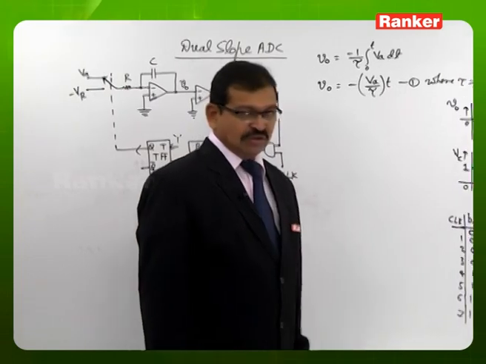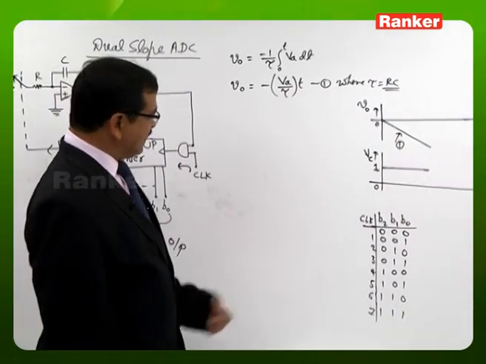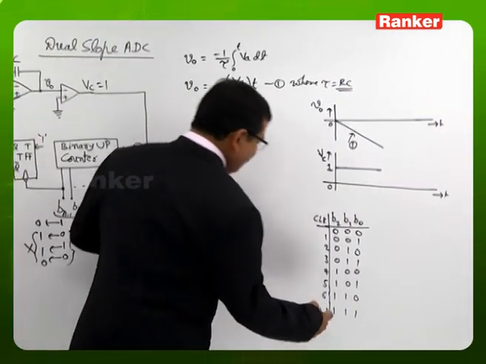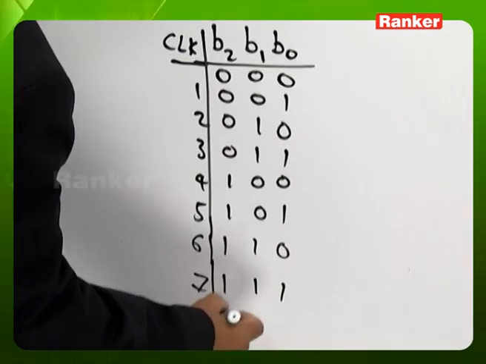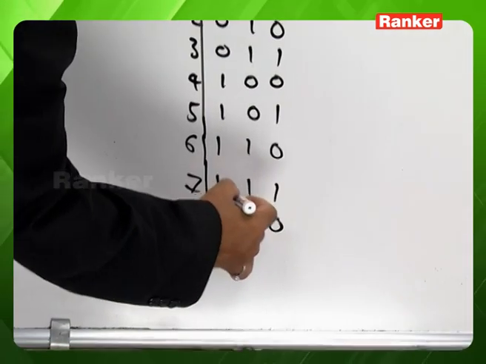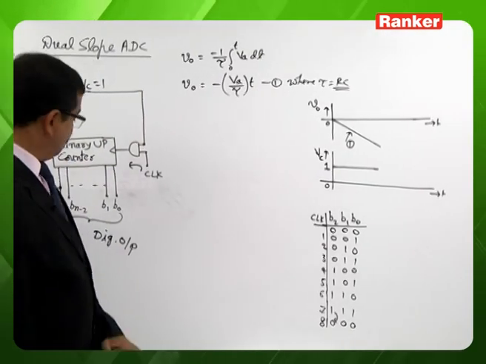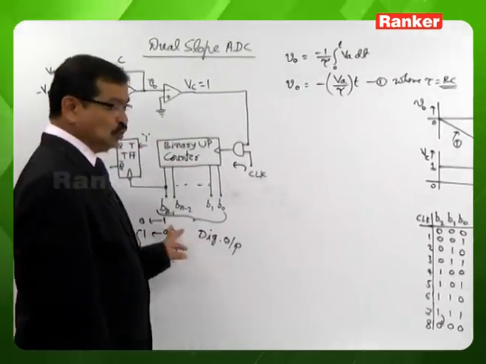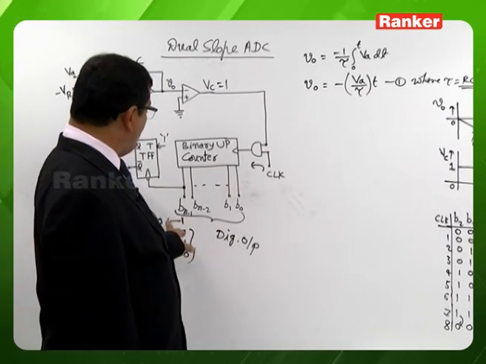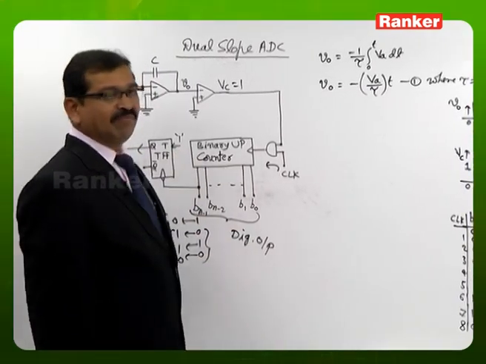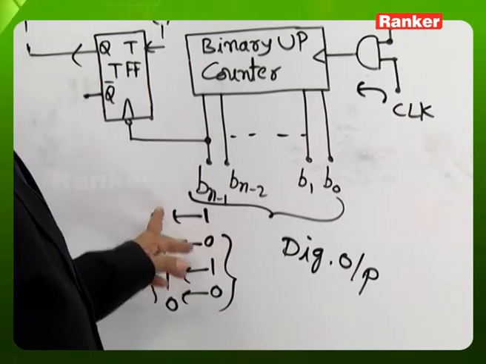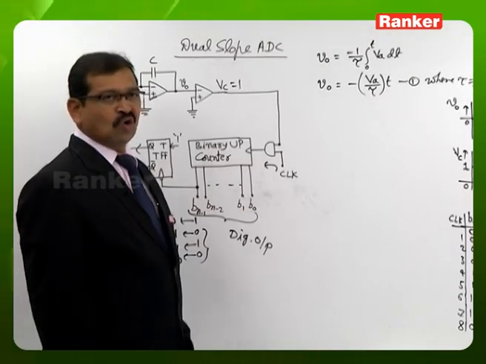After the 7th clock pulse, as and when the next clock pulse comes, all the bits go to 0. At this time the MSB bit B2 changes from 1 to 0, so it is the effective clock to the T flip-flop, and because of this 1 to 0 change, the T flip-flop is going to toggle.